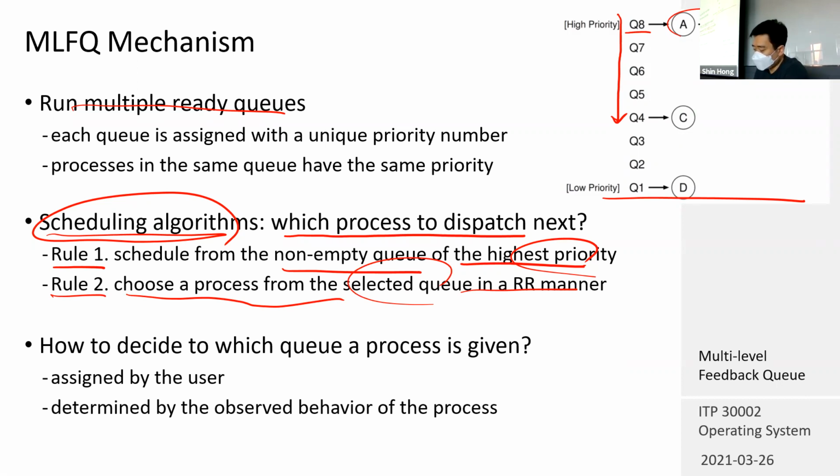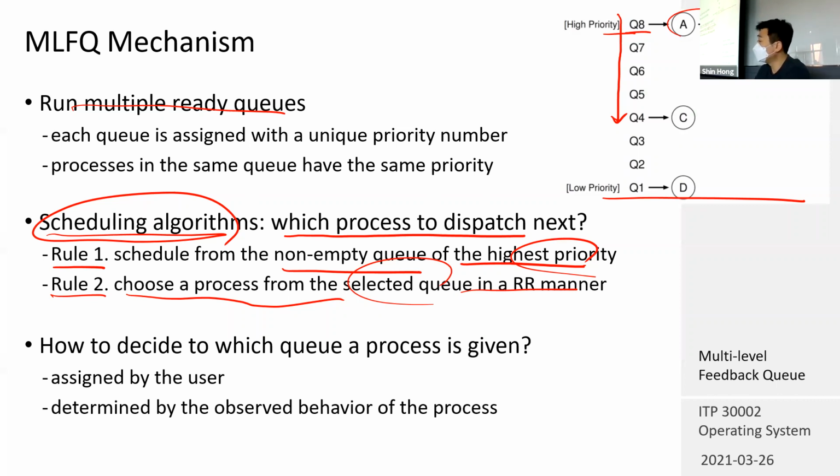Then the remaining question is how to decide to which queue a process is given, I mean, in which priority a process should be assigned. Here we don't talk about that yet, but one simple solution is that the user or administrator of the system assigns the priority.